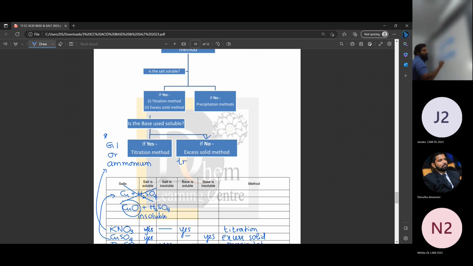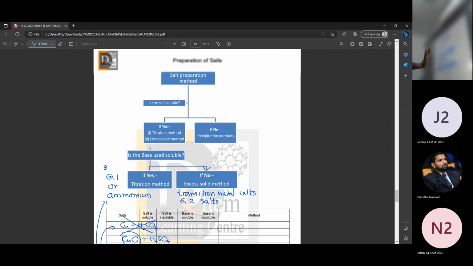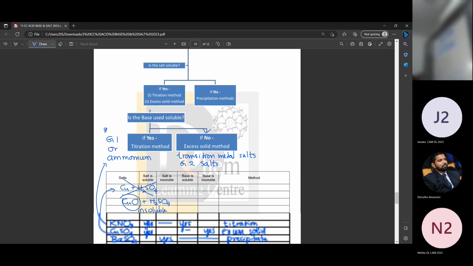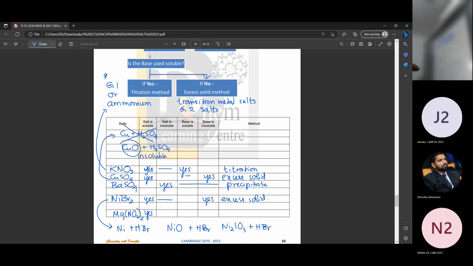Transition metal salts, metal salts, or group 2 salts, what are they? They come under the excess solid method. And anyway, if the salt is insoluble, it's the precipitation method. So we use the rules of thumb.